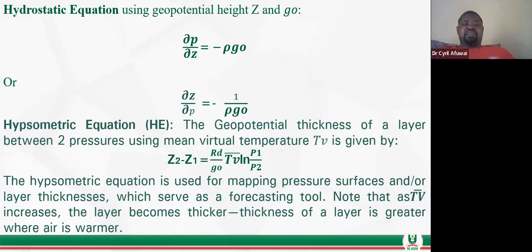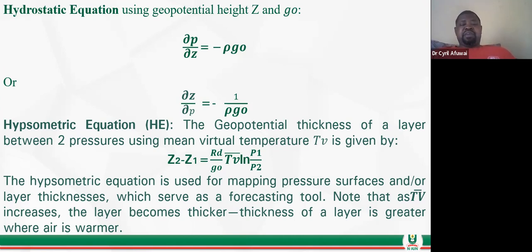Now, hypsometric equation, HE, is given by the geopotential thickness of a layer between two pressures using mean virtual temperature TV, is given by the difference between Z2 and Z1, that is Z2 minus Z1 equals RD over G naught, and then the mean value of TV, that's the virtual temperature, ln P1 over P2, the natural log of P1 over P2.